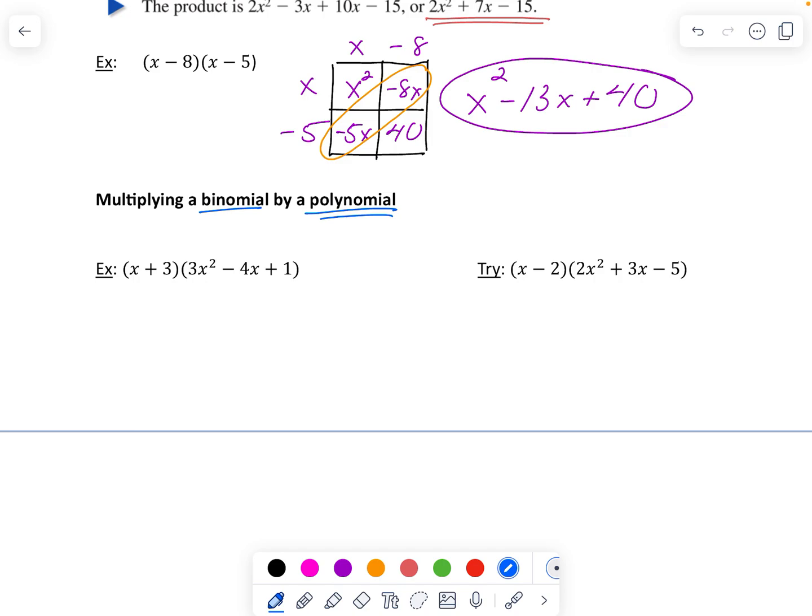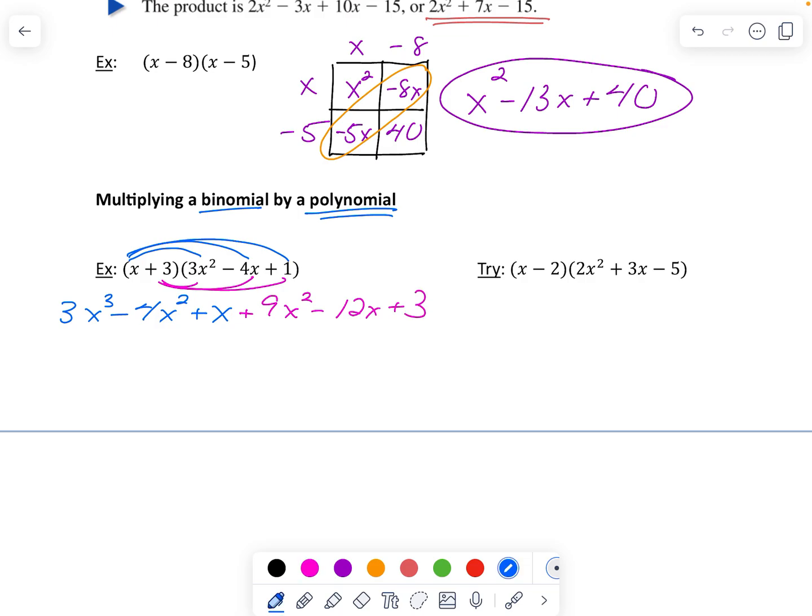So like the distribution method, we're going to start with the x, and we're going to multiply the x times everything in the second parenthesis. So that's going to give us 3x cubed minus 4x squared plus x. And then we're going to move on to the 3 and multiply it times everything in the second parenthesis. Plus 9x squared minus 12x plus 3.